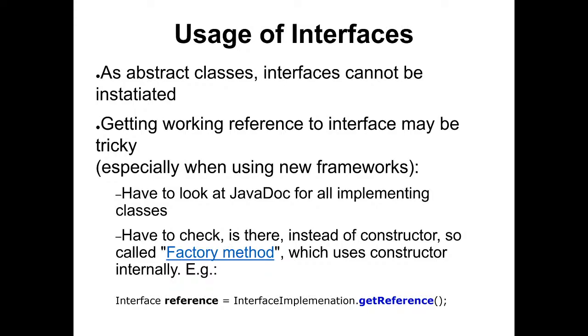So it may be tricky to understand which class is exactly returned here. And for new frameworks, there can be lots of tricky places where you face this issue. You have to have a look at the Java doc for all implemented classes.